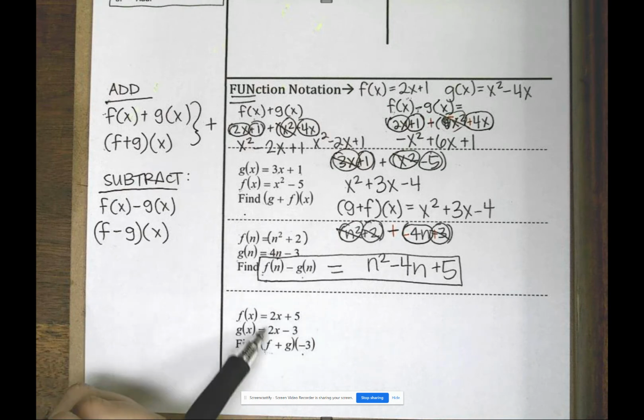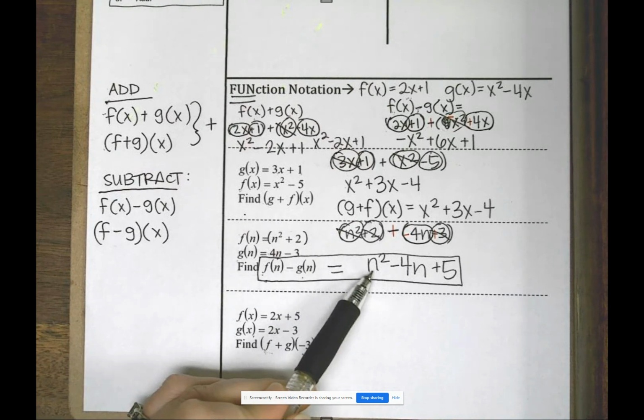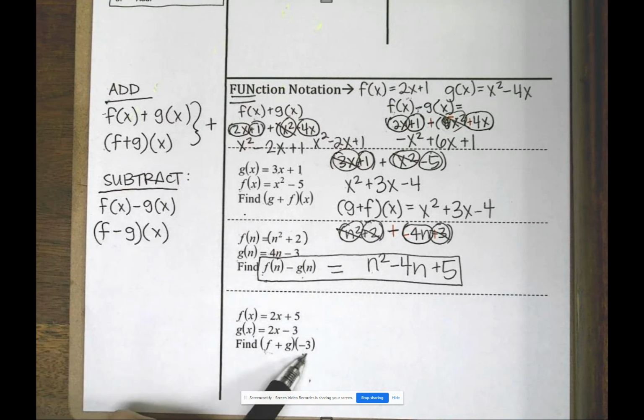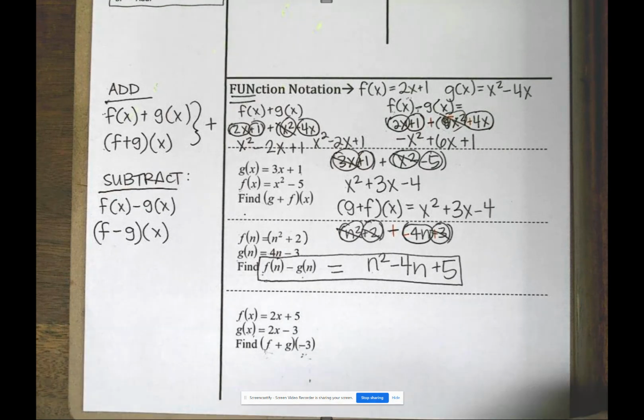And once we come up with a solution like we did here, we're going to then give that x a value of -3. So everywhere you see x, you're going to plug in -3 instead. So when we get to the end and we do f plus g and we plug in -3 as our input for x, we will have an actual solution. We'll have an actual number answer, an output. So let's give it a try.